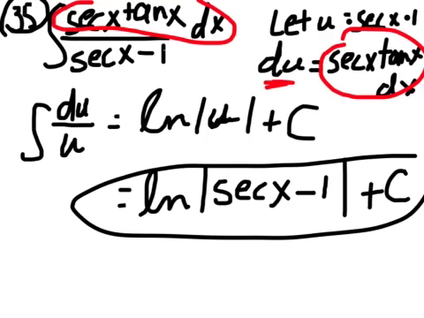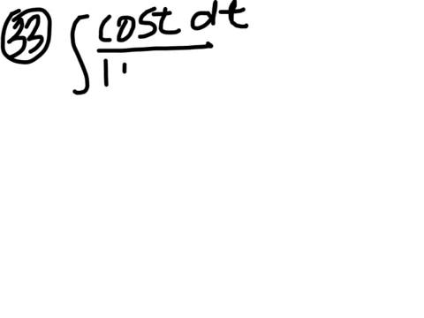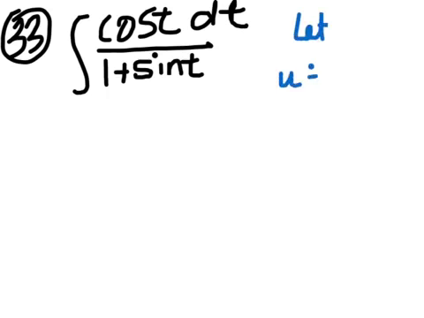Okay, let's go to 33. 33 is the integral of cosine t dt over 1 plus sine t. If you let u equal the denominator, 1 plus sine t, that's something we're starting to see a lot here, then du, the derivative of 1 is 0.